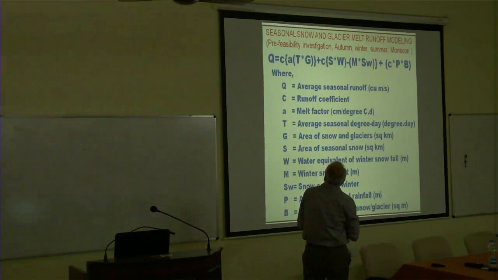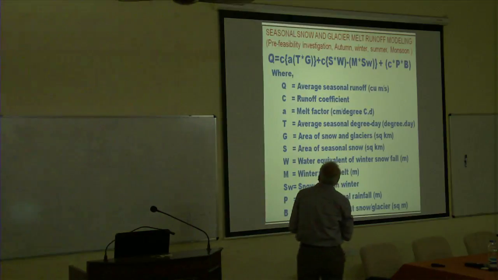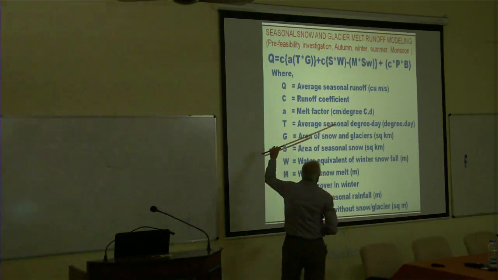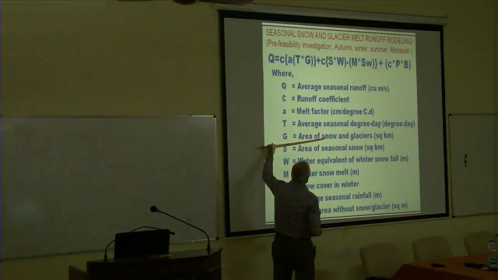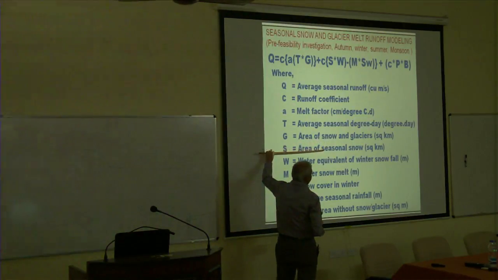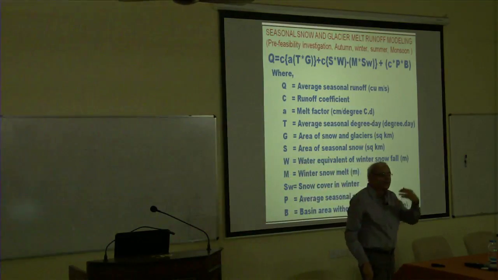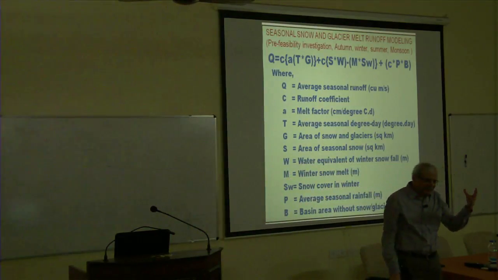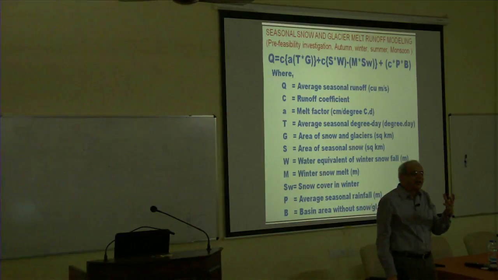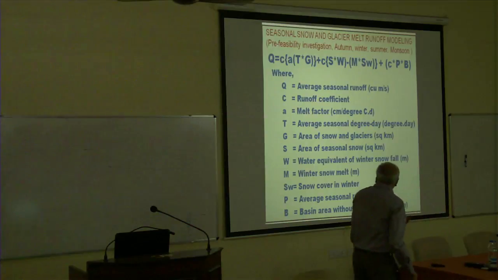It has fundamentally three characteristics. One is how much is melting from seasonal snow, the area of seasonal snow, then the area of seasonal snow and glaciers. Eventually, when snow line retreat is higher, it will only consider glacier area, and the snow line area will go on.